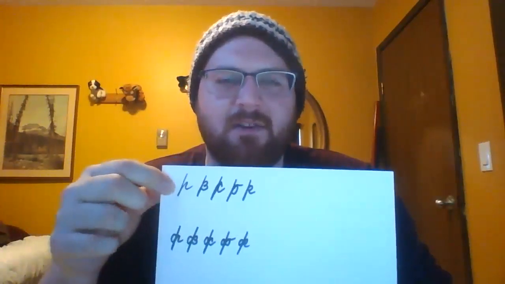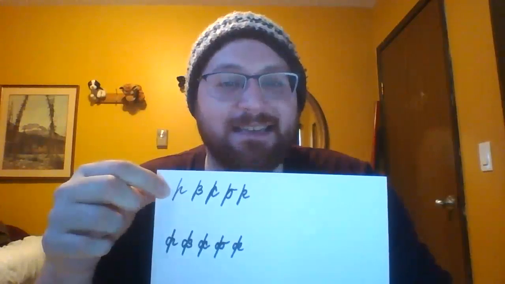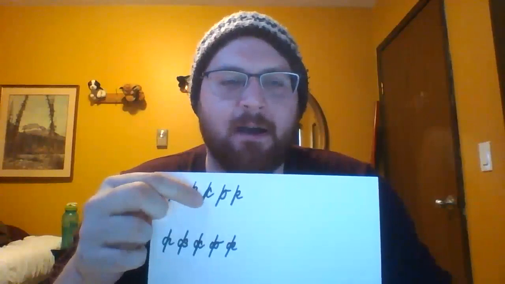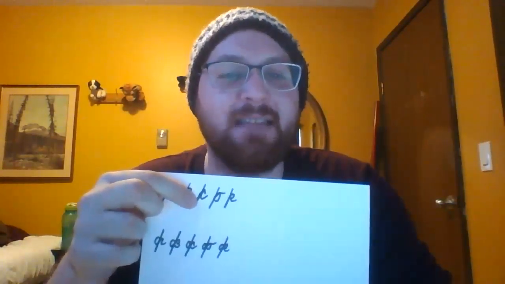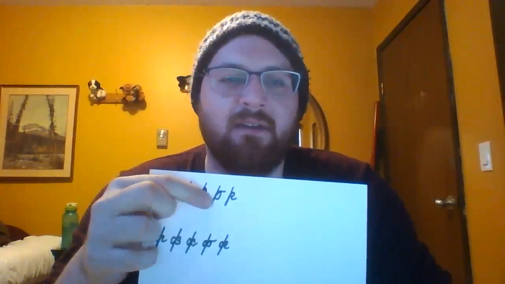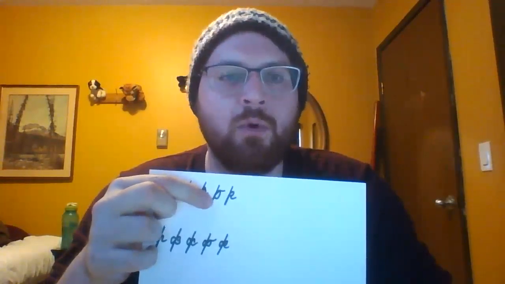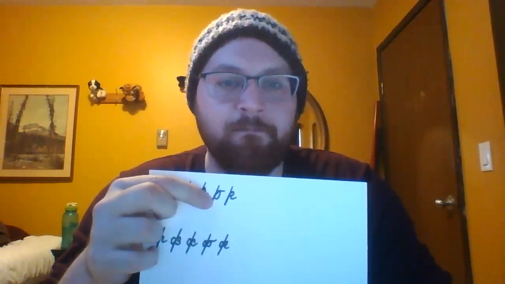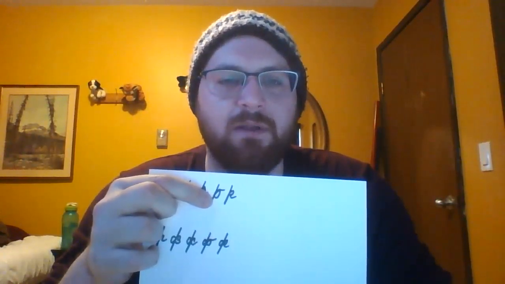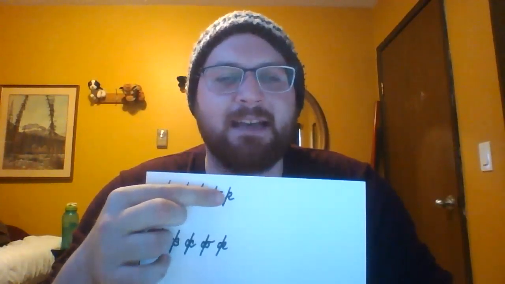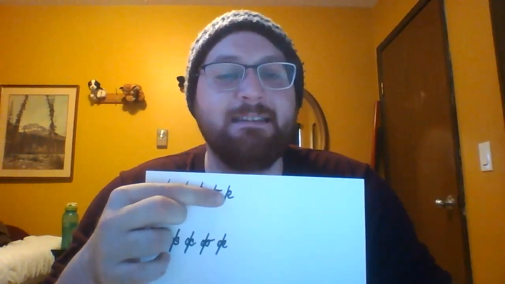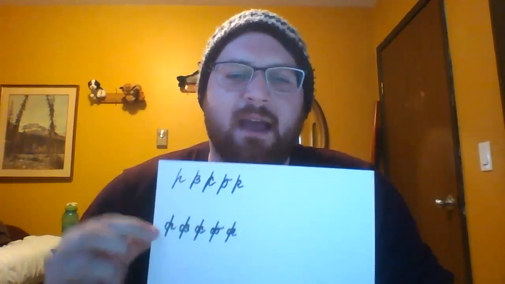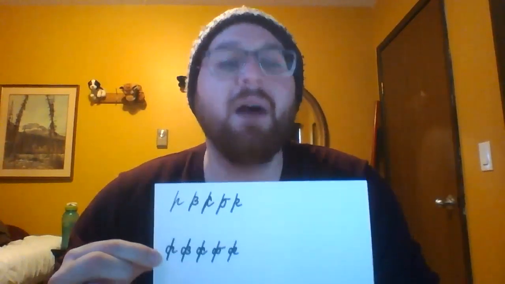So starting from here, we have A as in cat. We have O as in boat. We have I as in hit, H-I-T, hit. We have oo as in, what's an oo? Move, M-O-V-E, the O in move. We have E as in eat. And then down here we have as in up.